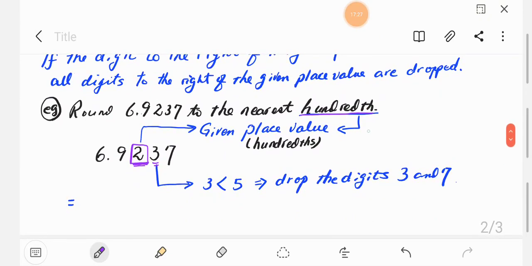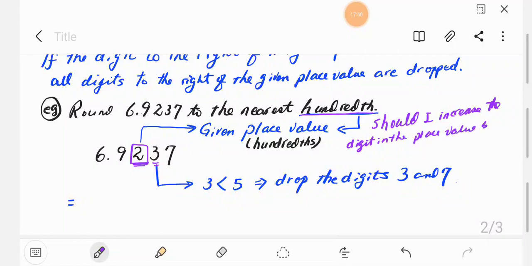Should I increase the digit in the place value by 1? And the decision comes from what? Check the next digit.